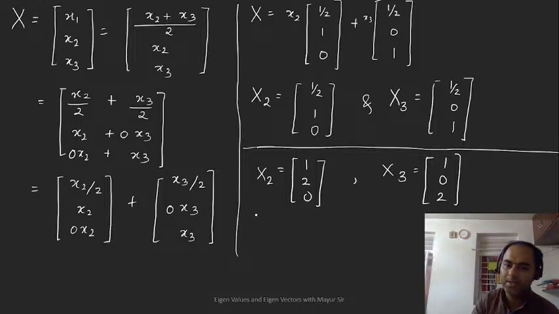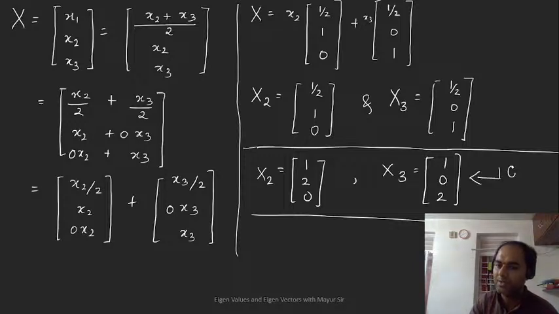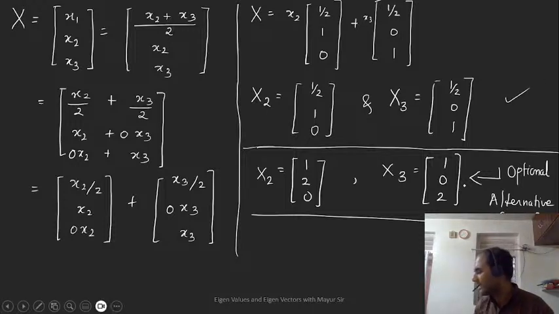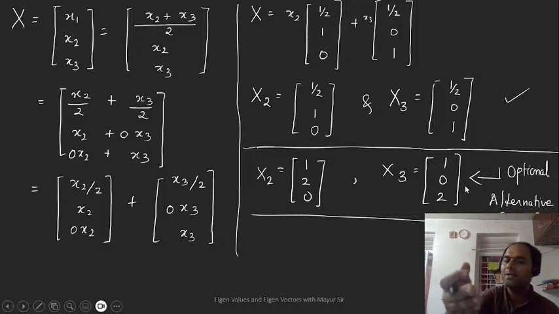This is optional, or an alternative answer. This is also right. The answer which I gave below is also right, because that is half, you are just doubling the vector.